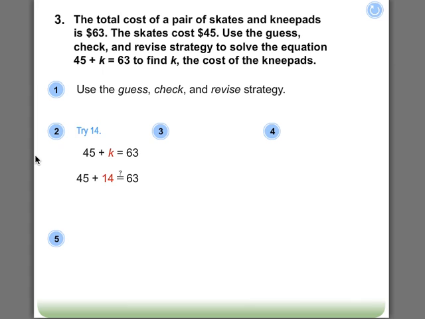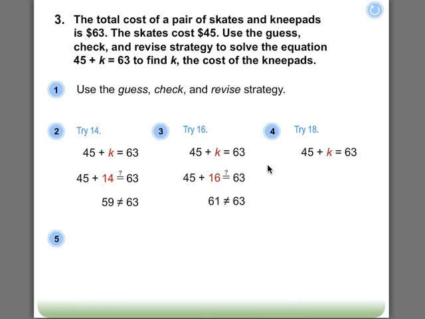We're going to try 14. Does 45 plus 14 equal 63? No, it's only 59. So we took a guess and we checked it and we were wrong. So we're going to try again. This time we're going to try 16. 45 plus 16, is that 63? Well, no, that's 61. 61 does not equal 63. So we're going to guess again.